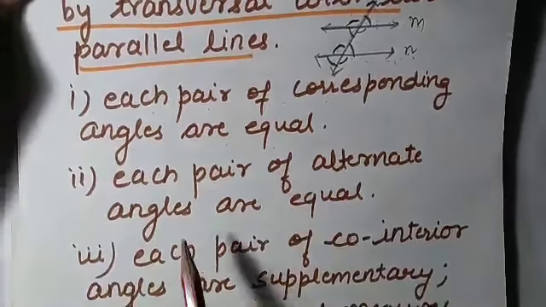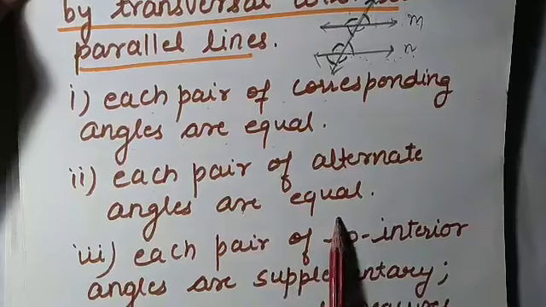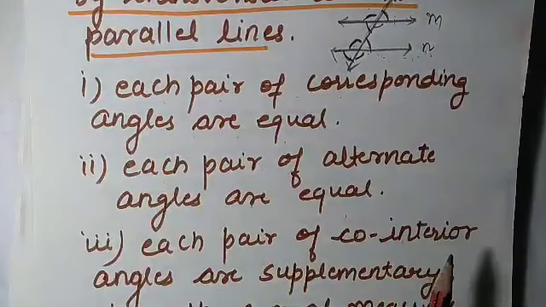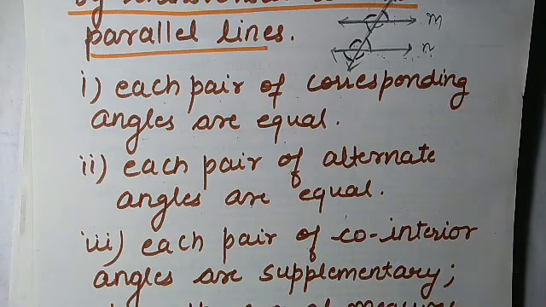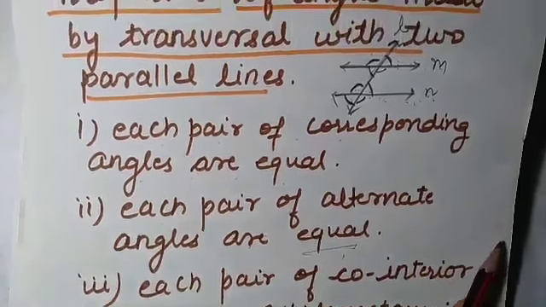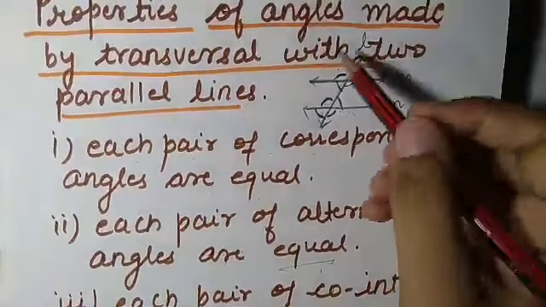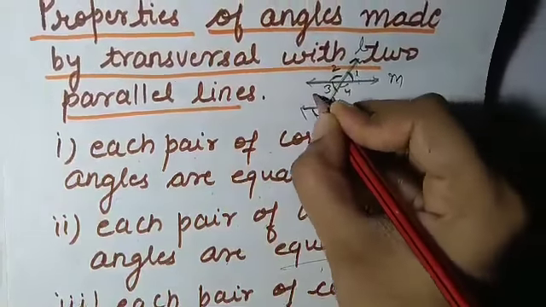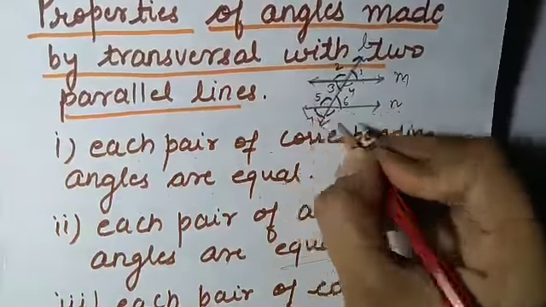Now next, each pair of alternate angles is equal. We have learned about alternate exterior and alternate interior angles. So alternate interior and exterior angles are also equal whenever the lines are parallel. Suppose I give these names: angle 1, 2, 3, 4, 5, 6, 7, 8.